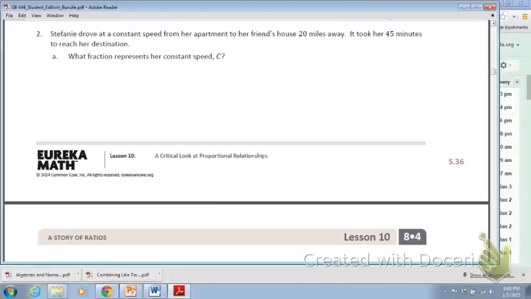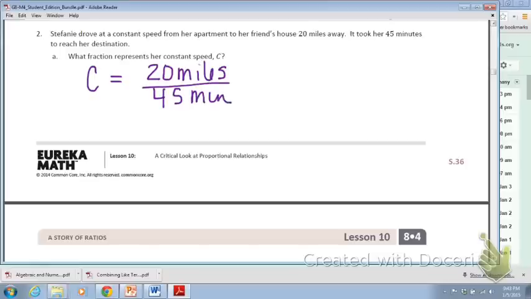So her constant speed is the distance over the time. She did 20 miles in 45 minutes. So that fraction represents her constant speed.